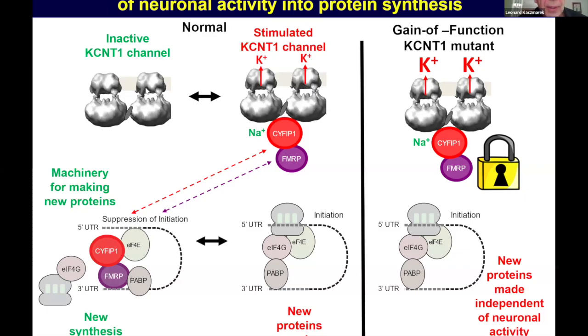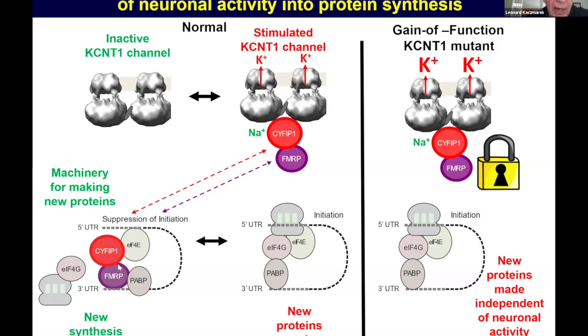So what we have found is that under normal conditions, when the channel is inactive, these two regulators, CYFIP1 and FMRP, are normally sitting on the initiation complex for translation of proteins.